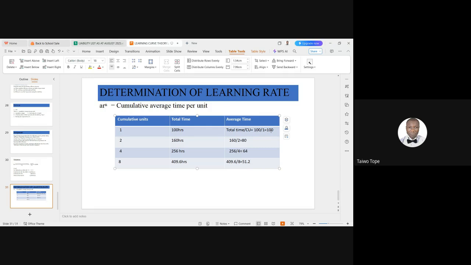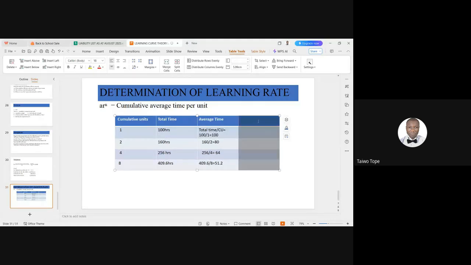Now, using this average time, you can determine the learning rate. You can determine the rate of decrease. The rate of decrease shows the rate of learning. So how do you determine the percentage decrease in the cumulative average time?